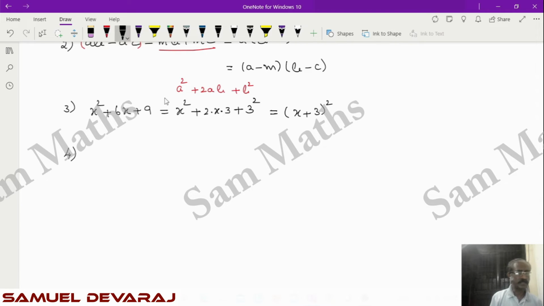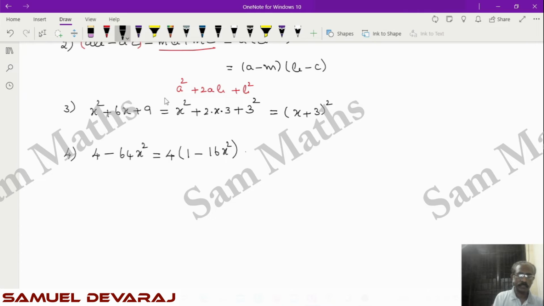Now, the fourth one. See here, suppose you have 4 minus 64 x square. Now, 4 is common in these two terms, so you take 4 outside. It becomes 1 minus 64 divided by 4, which is 16 x square.